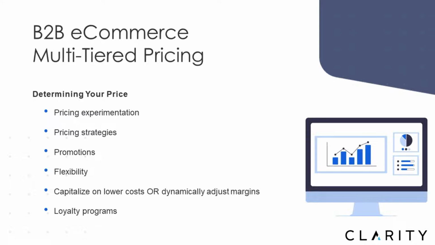And ultimately, we want to deliver flexibility on how we get to a very consistent outcome of lowering the cost and being able to, like the slide says here, dynamically adjust the margins. So, how do you do that?